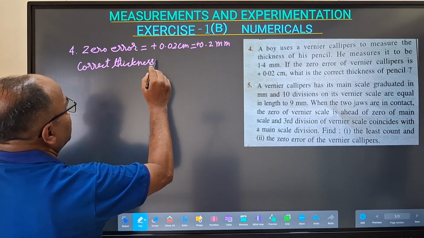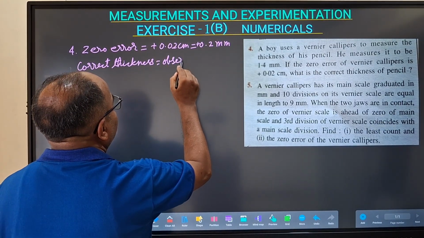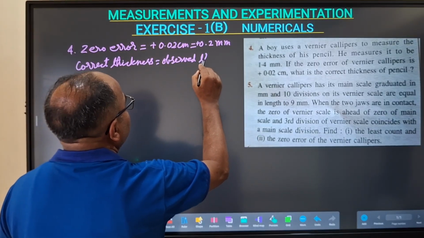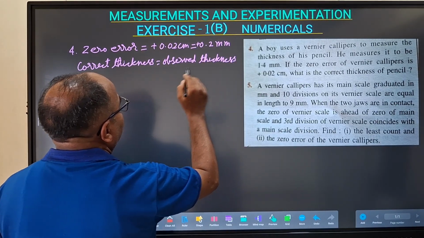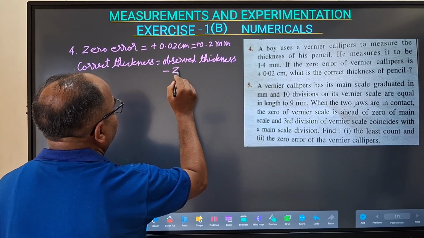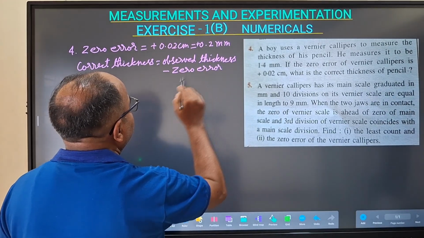Correct thickness will be equal to observed thickness minus the zero error, and we will be writing the zero error with the sign.